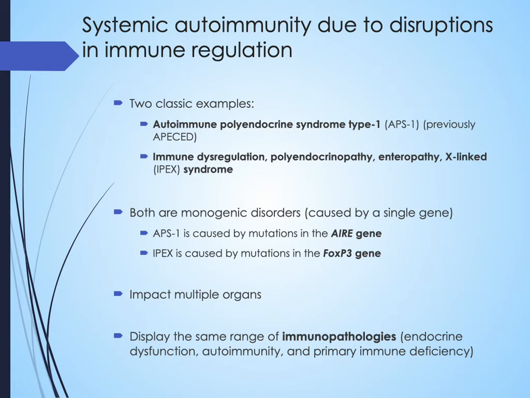Okay, thinking back to how central tolerance arose, there are certain genes that need to be expressed. Also, if we look at peripheral tolerance, there are certain genes that are going to be expressed, like in our regulatory cells.